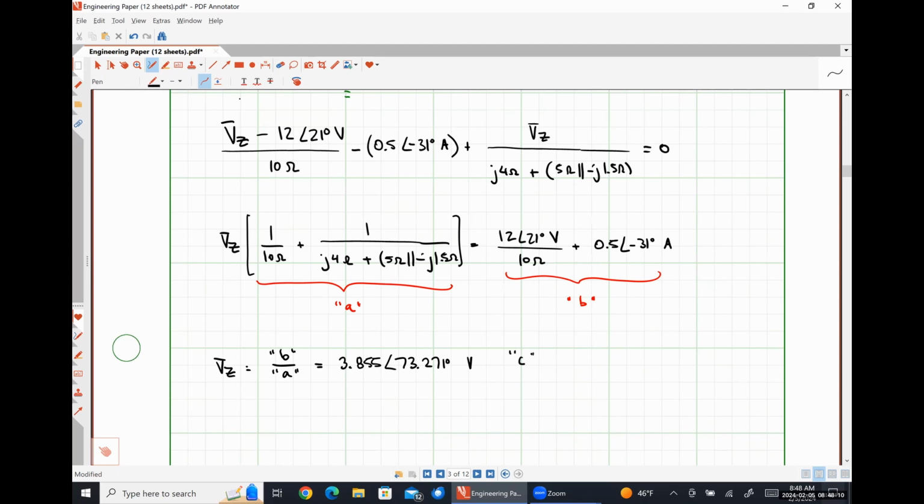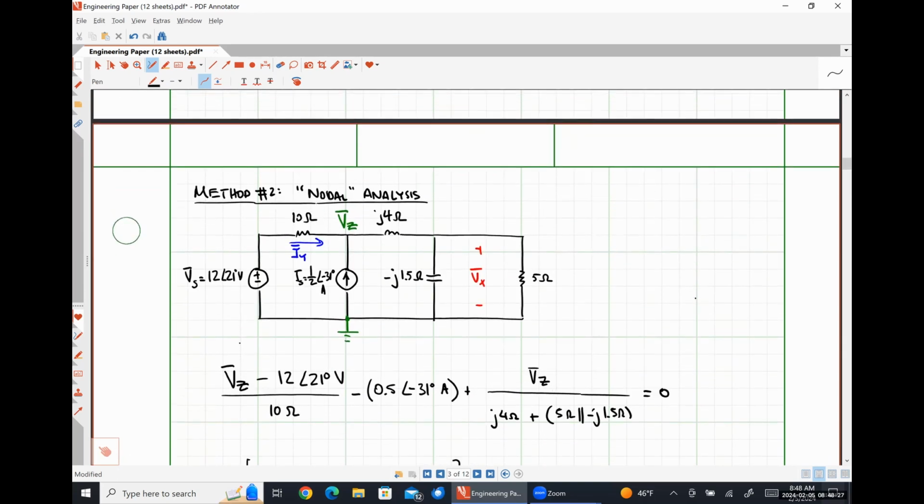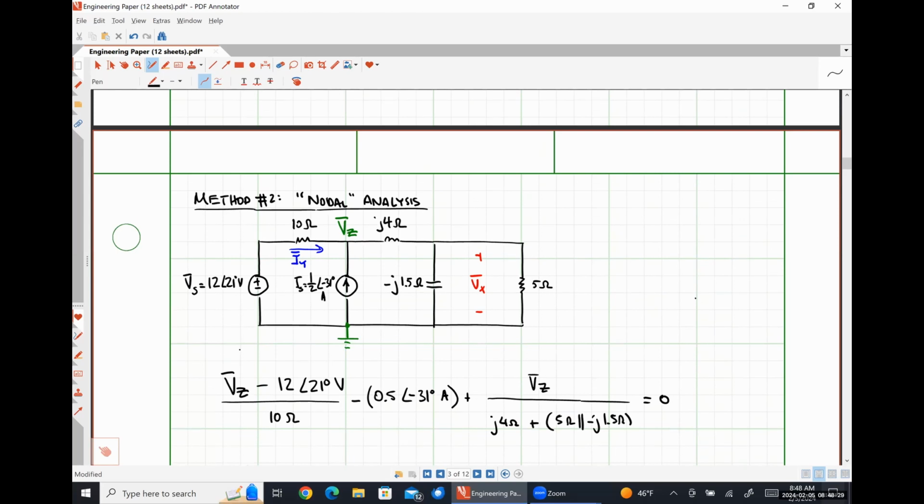All right, so assuming, and I'm not really making an assumption here because I feel like I did it correctly, that this is VZ. Now let's talk about how we could solve for the quantity Vx and Iy. Let's look back at our circuit here. So I could find Vx just by doing voltage division once I know what VZ is, okay?